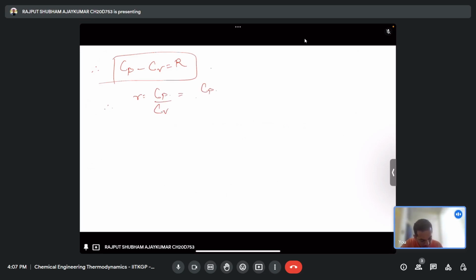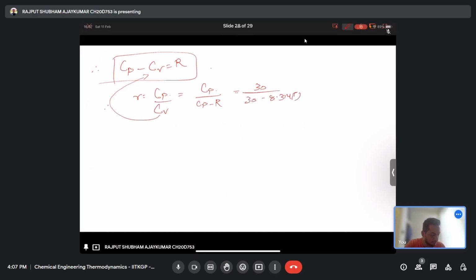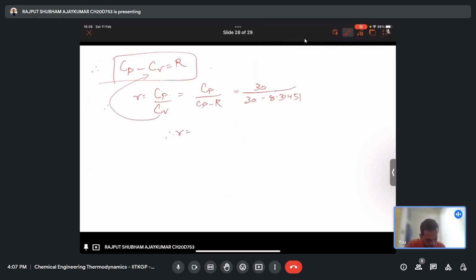Therefore, Cp and Cv can be found from this equation, Cv is Cp minus R. Now, the specific heat at constant pressure is given as 30, and R is the universal gas constant. So gamma comes out to be 1.3 something.